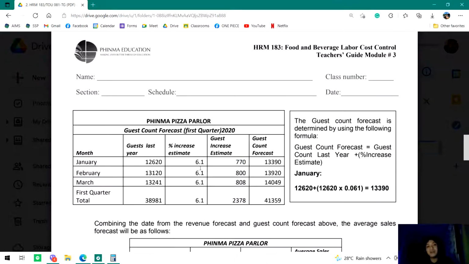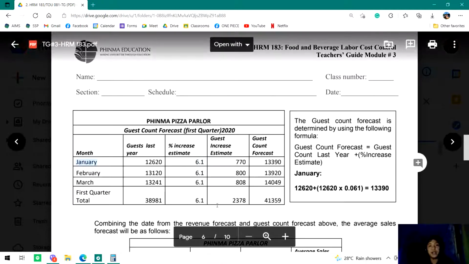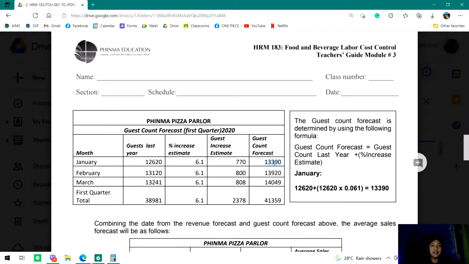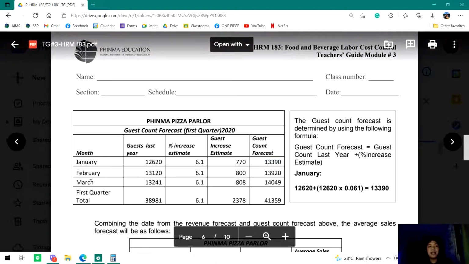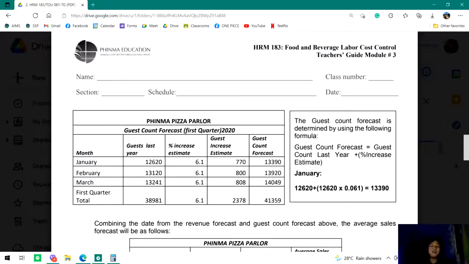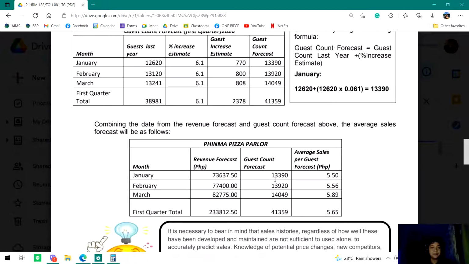So, with the use of the percentage variance from the fourth quarter as reference, siguro sa mga susunod na buwan, specifically for January, ang ating guests ay 13,390. Same formula will be used for February and March and for the first quarter total. So, yun po ang mga formula na kailangan ninyong alamin for sales forecasting.